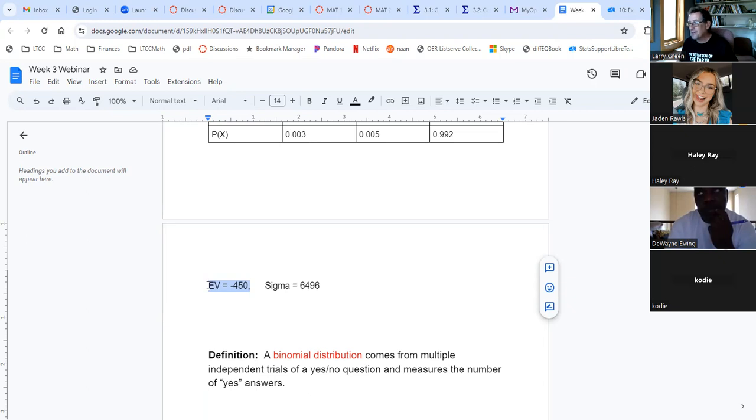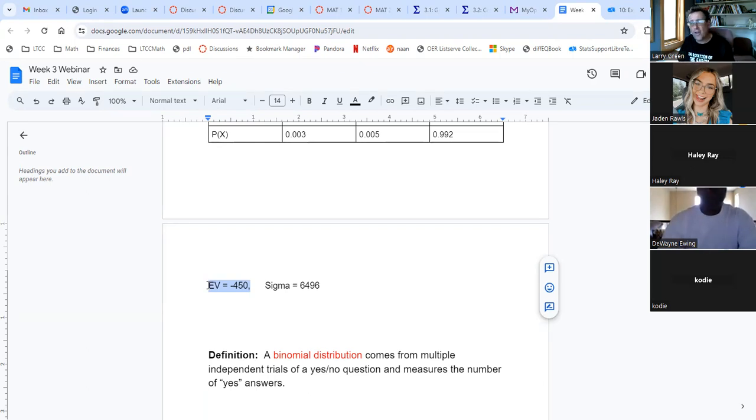It's real life. Why will the expected value always be negative for insurance? The insurance company has to make money. They're not going to sell policies if they're losing money on the average. Does that make sense?